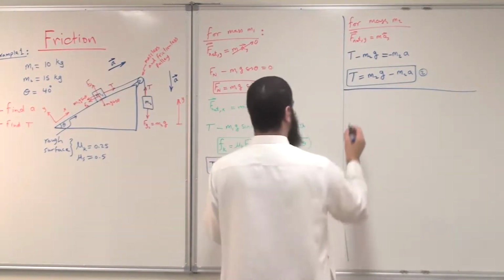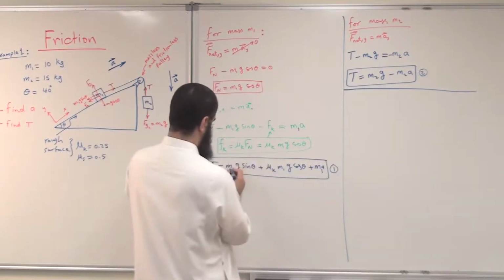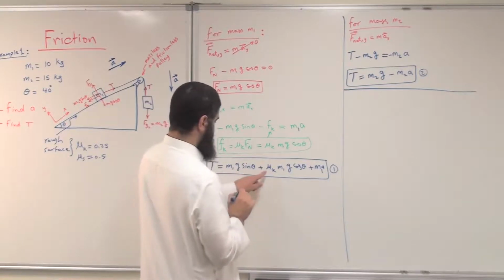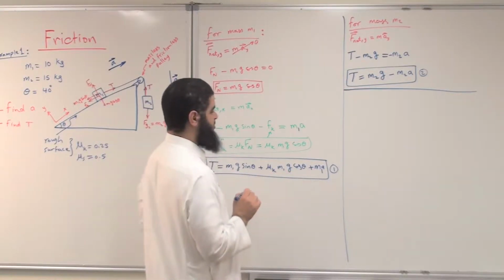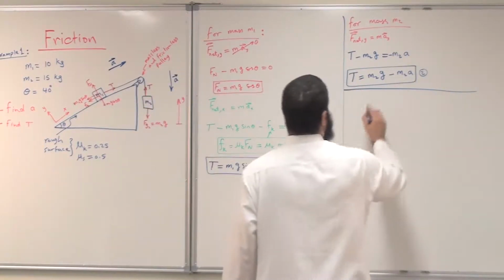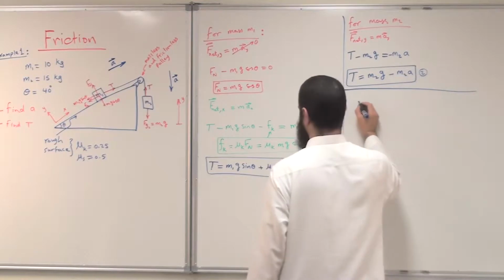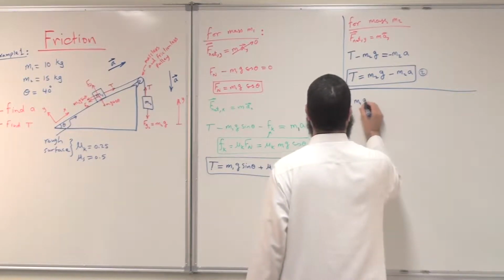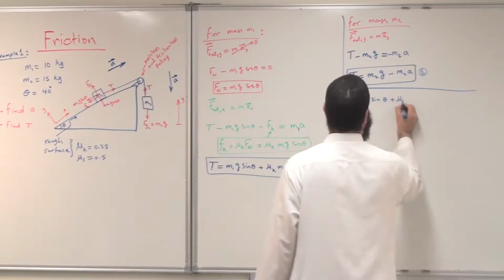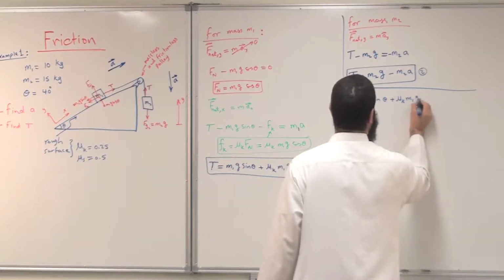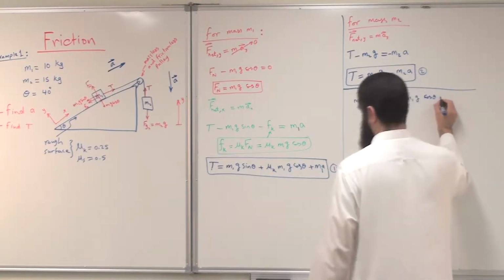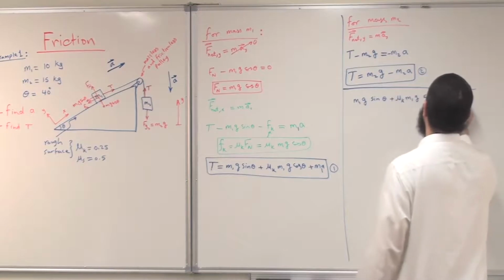So I have m1 g sine theta plus mu k m1 g cosine theta plus m1 a. All of this is equal to m2 g minus m2 a. So let me write it. I have m1 g sine theta plus mu k m1 g cosine theta plus m1 a.